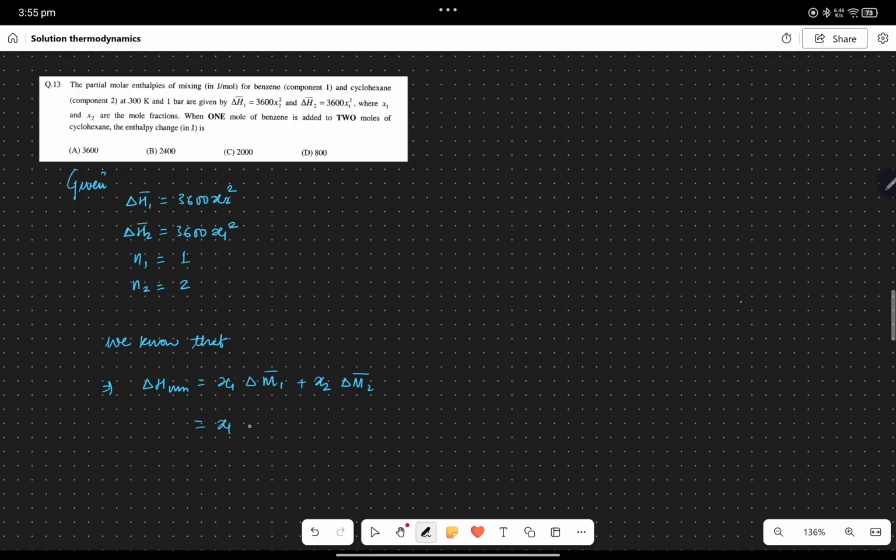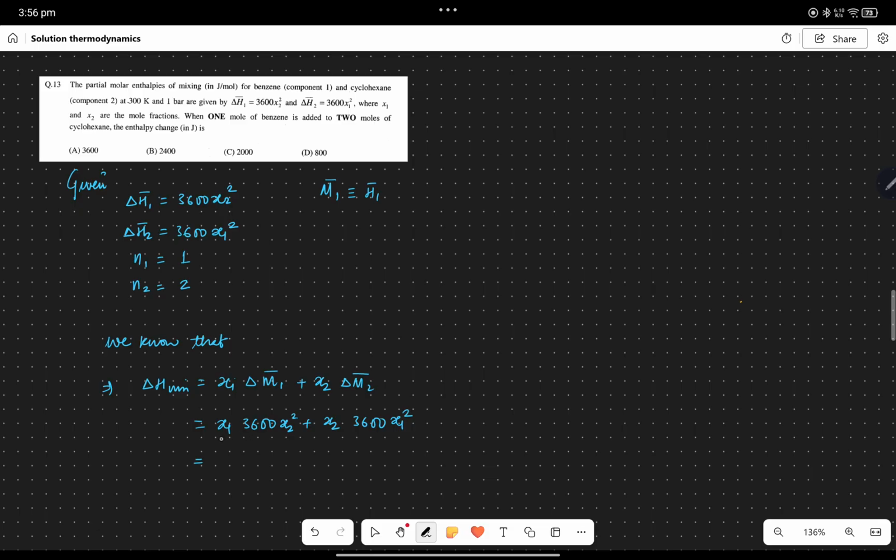So x1 and delta M1 bar, where we are using the generalized term M1, here is H1 bar, right? So delta H mix is x1 times 3600 x2 square plus x2 times 3600 x1 square.